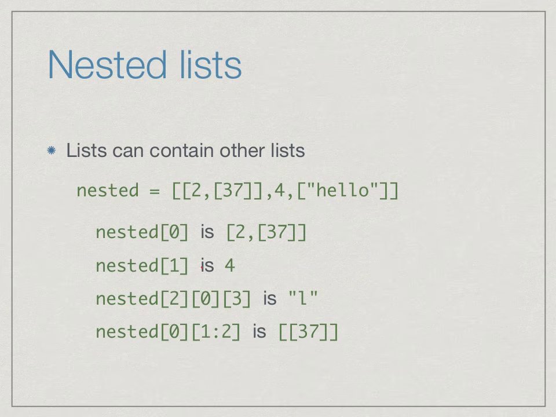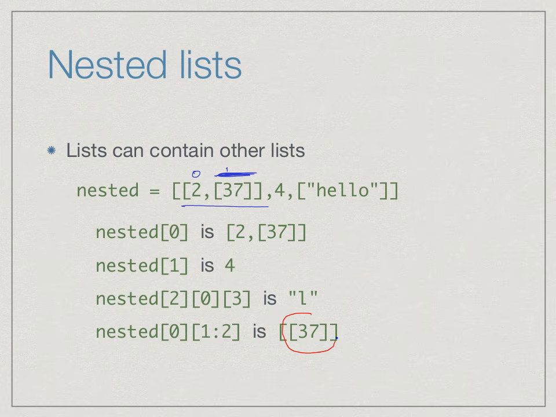So in the same way, we can also take slices. So we can take the 0th position, which is this list, and then we can ask for the slice starting at 1 and going up to but not including 2. So that means we start with this value, and so we get the list containing the list 37. So notice that the inner list is the value, right?